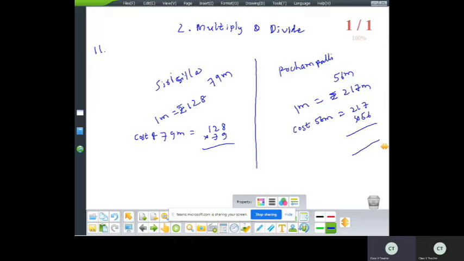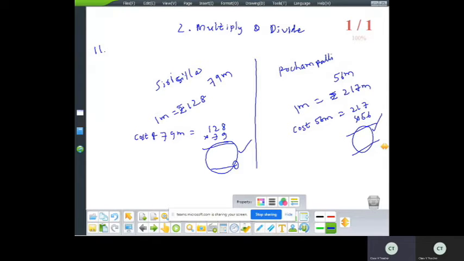Here also we get the total price of Sicilla. Then how much money has he received on their sale? What is the total amount on these two different cloths? Means we can add this value and this value, and we get the total price.